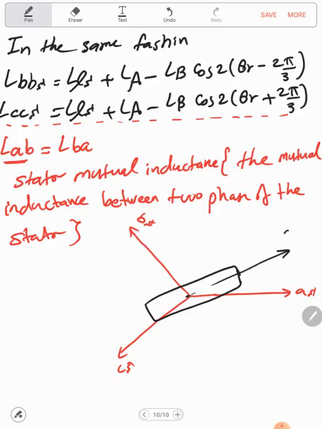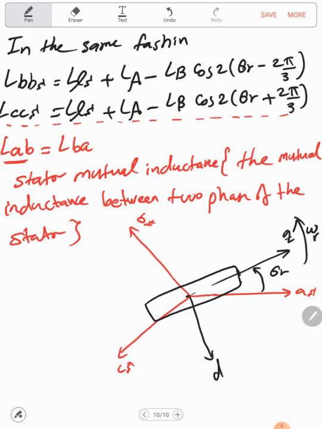So this is the Q axis, and this is the D axis, and the rotor is rotating at omega r speed. Now the angle between here and here is theta r.